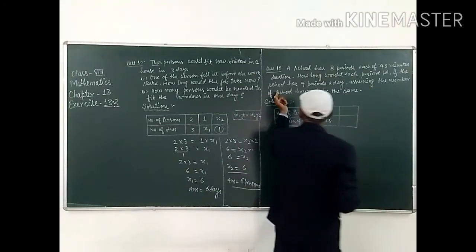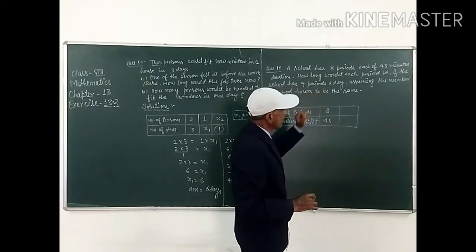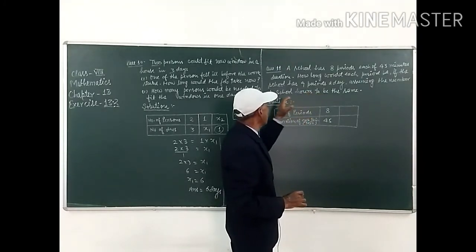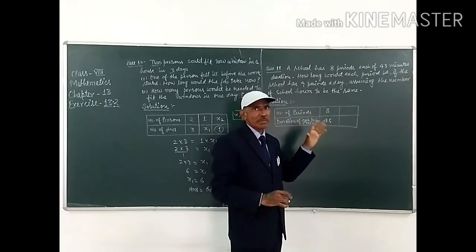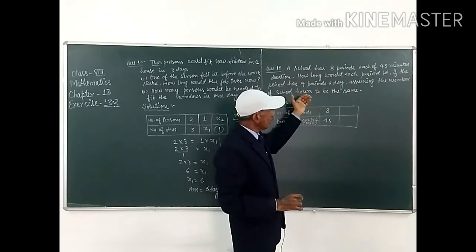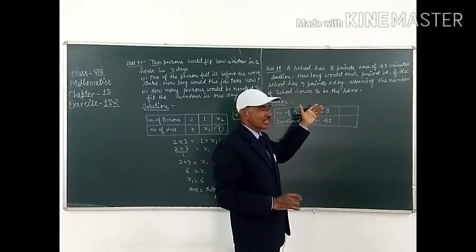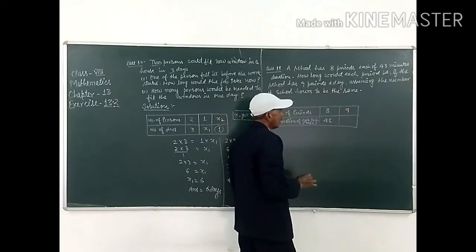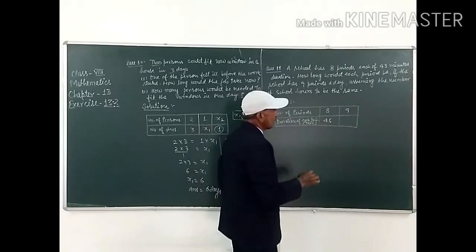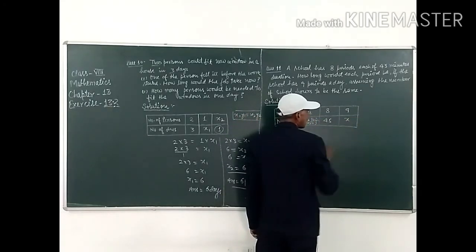If the school has 9 periods a day, assuming the number of school hours to be the same. School hours are the same here, students. So only the number of periods increases. So if the number of periods is 9, let the duration of each period be x.